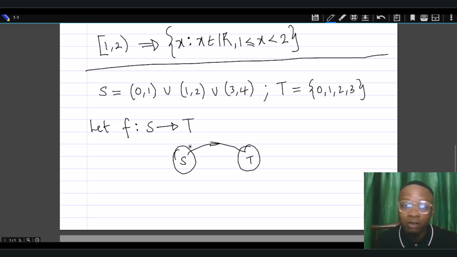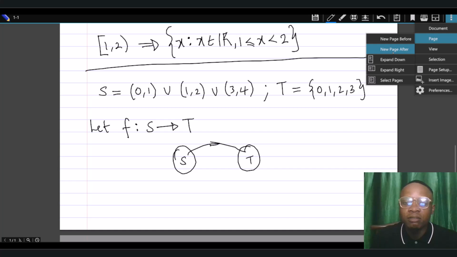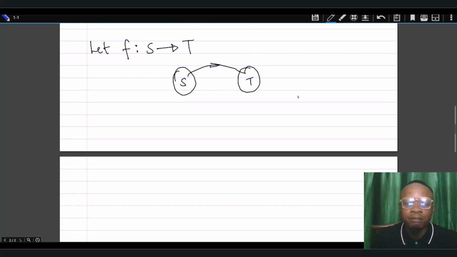But what makes it a function anyway? This is generally what mappings are. Mapping simply means we will associate some elements in the set S with some elements in the set T. But a function is a special kind of mapping. So let's have an additional page here.